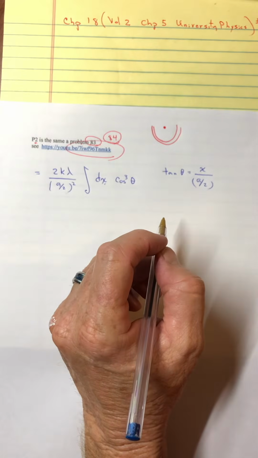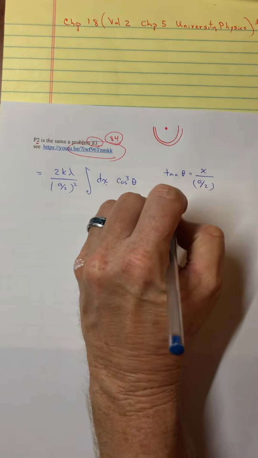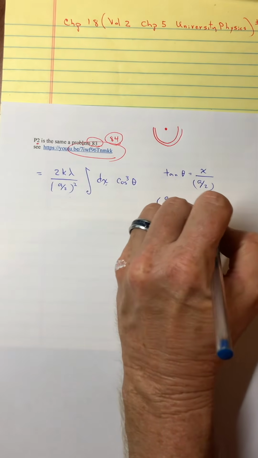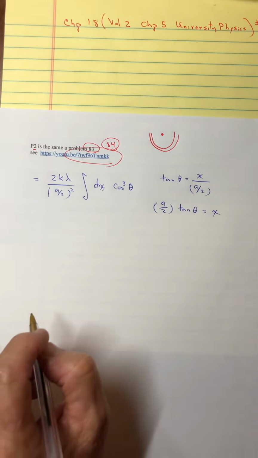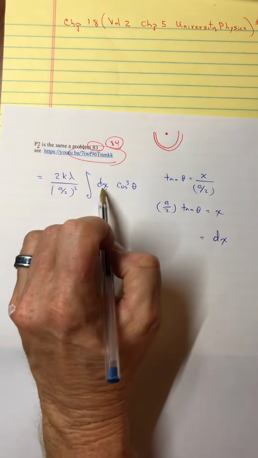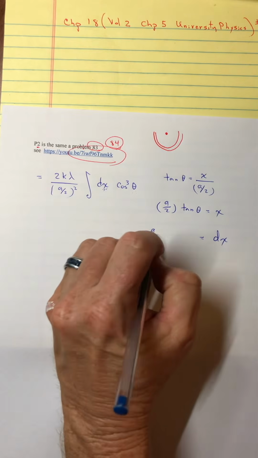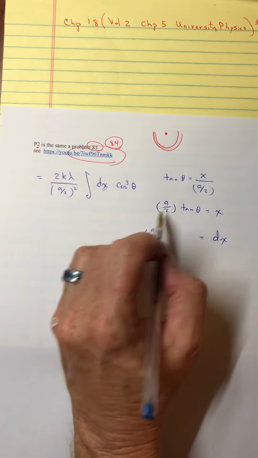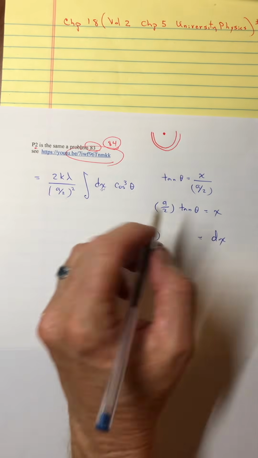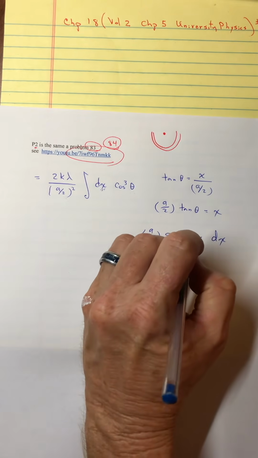Okay. In fact, why don't I just write the a over 2 together with the tangent theta is then equal to the x. Because now I can take the differential because I want a dx. And so when I take this differential, I get this a over 2. But the derivative of a tangent is a secant squared.